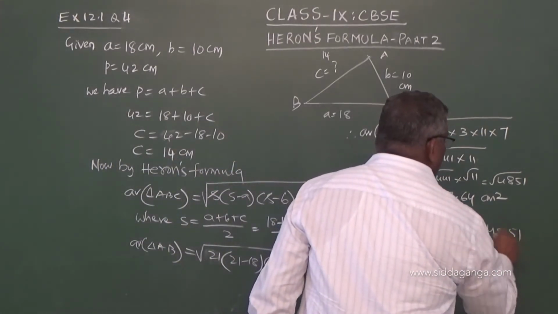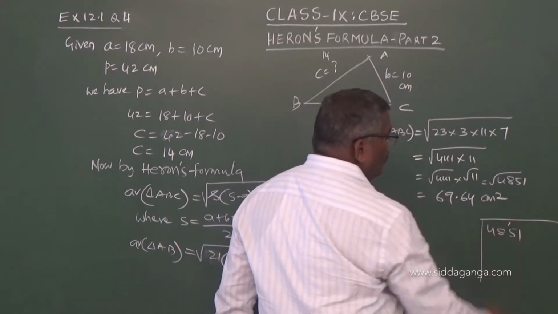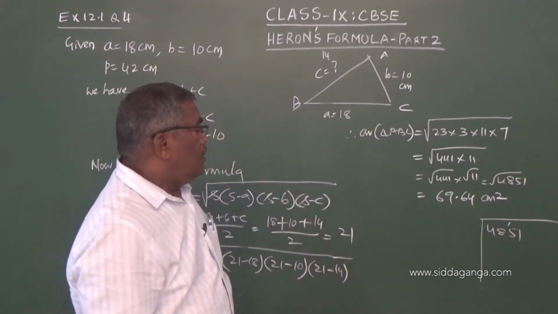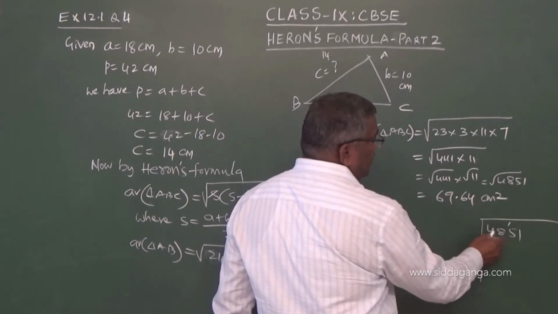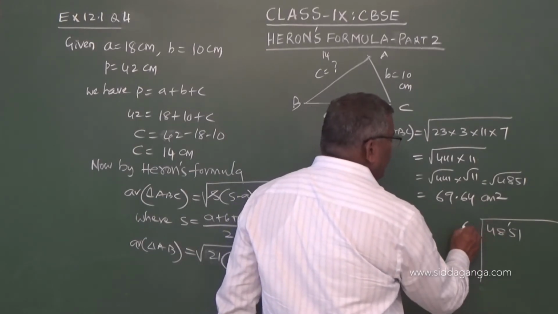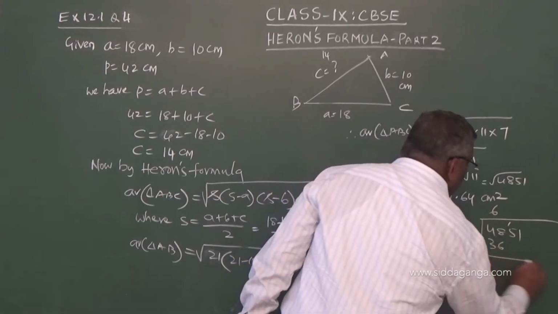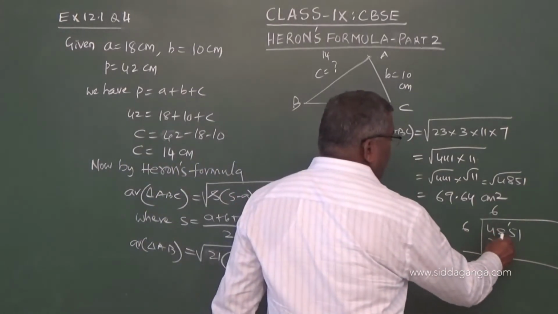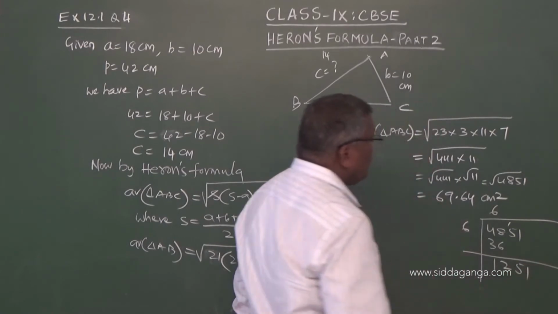4851, you take it like this, make two groups. In the first group we have 48. 6 6s are 36, 7 7s are 49, so go by 6 6s are 36. 8 minus 6 is 2, then 5, 1.